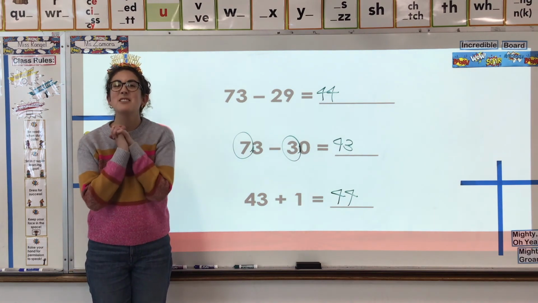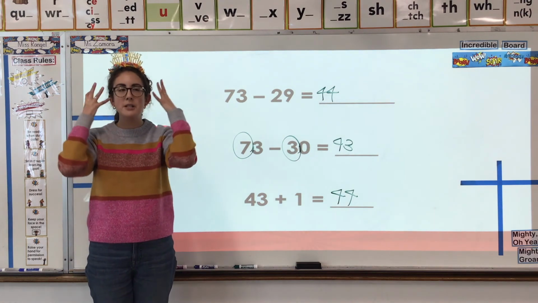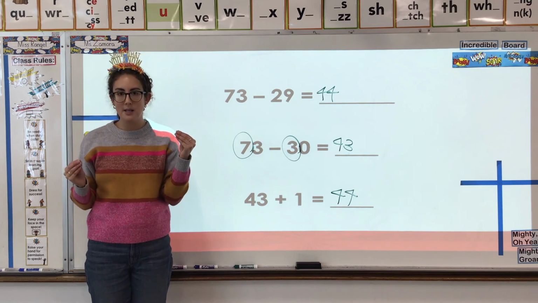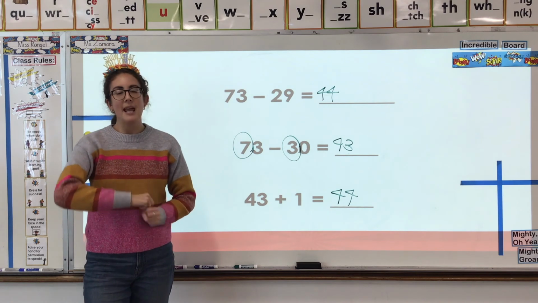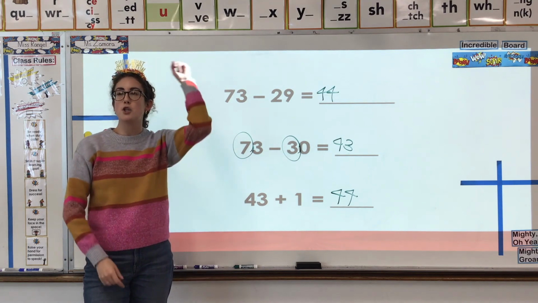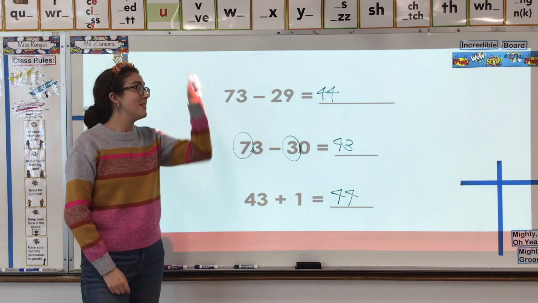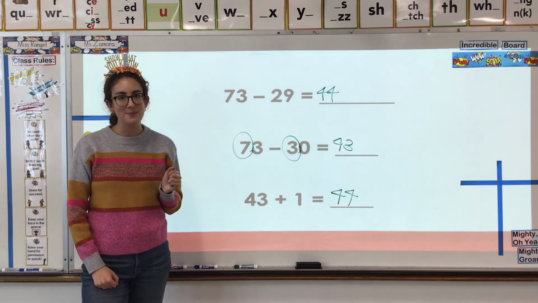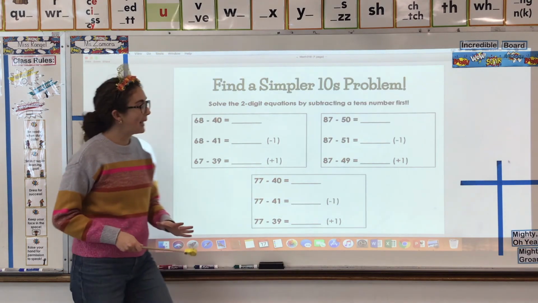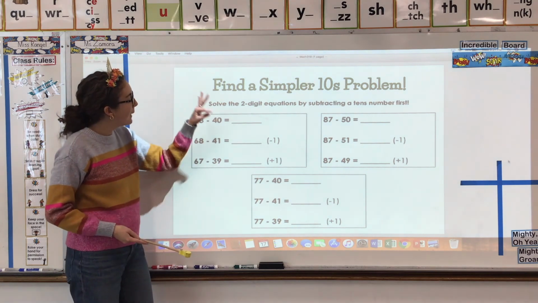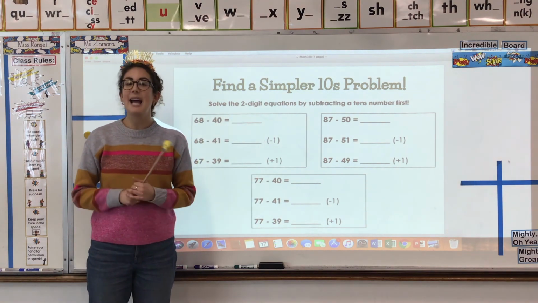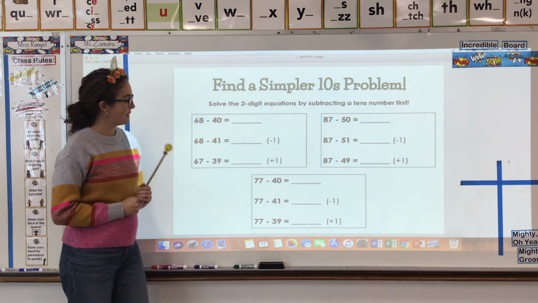Okay, I love this strategy and building our mental math toolbox. So now that we've done a deep dive into subtraction, it's going to be your job to show me what you know with these kinds of problems. Okay, your page today on Dojo looks very similar to yesterday, but the equations and how you're going to solve are a little bit different.